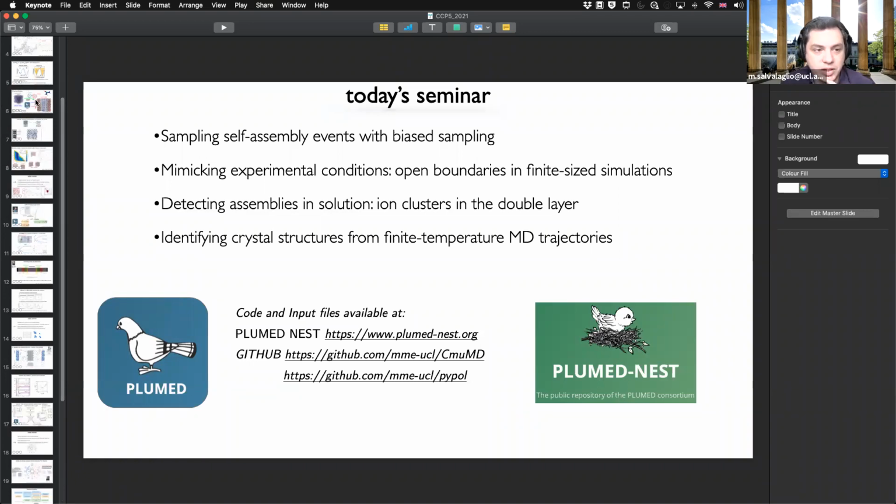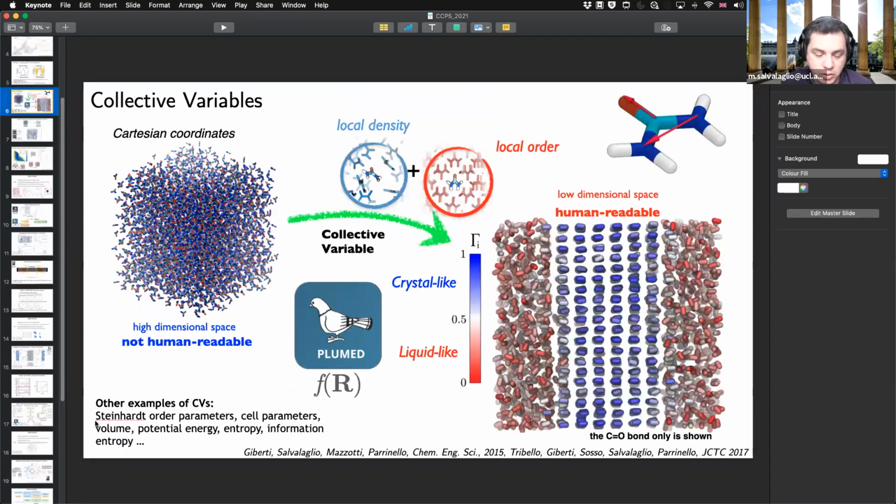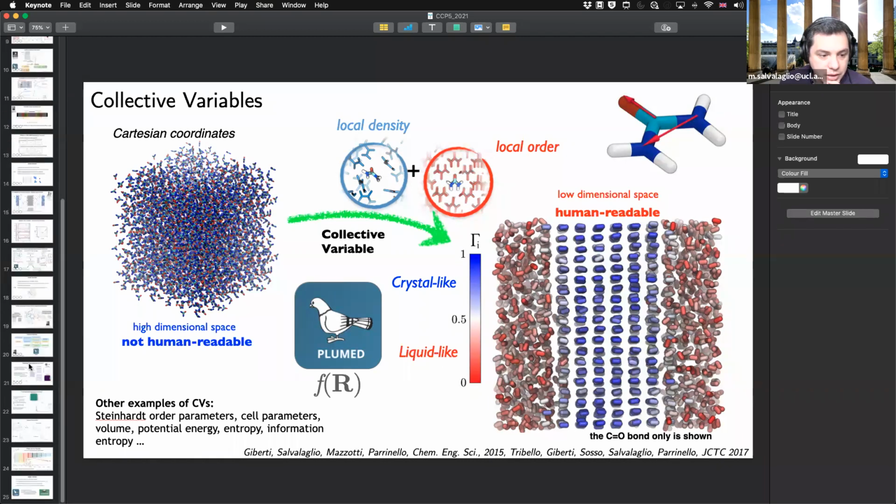So if the function is extremely expensive, like for example, in the case of Steinhardt order parameters, the overhead here can be significant because the implementation as of now favors flexibility over performance in this context. Instead, for variables that are just based on density, things have improved dramatically.